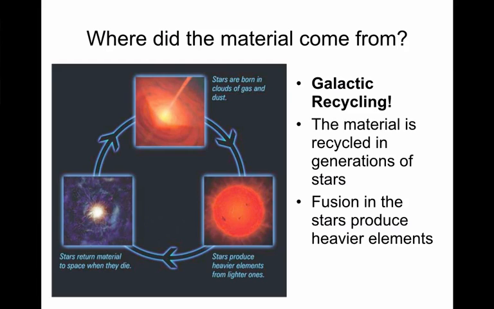Okay, so stars are born, stars live, they produce heavier elements inside their core, then they die, they return all of their material back into space where it can form new stars that make heavier material, around and around and around. So everything that's not hydrogen and helium was once in some other star, was once in a supernova explosion.